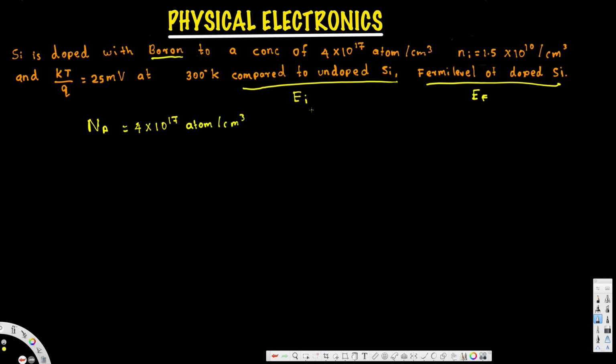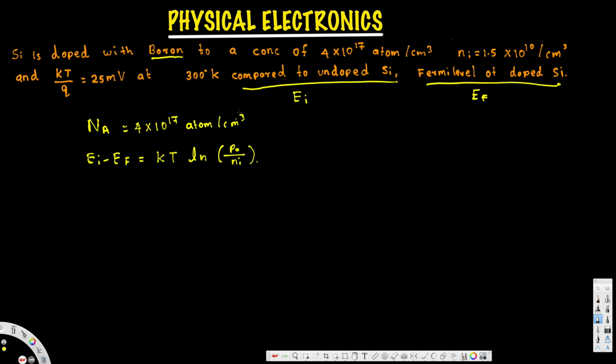Now we have to choose a suitable equation related to Ei, EF and the acceptors, or in other words holes, okay? Acceptors are holes. If you look at the equations, the most suitable one is Ei minus EF equals kT ln of p naught over ni, okay?